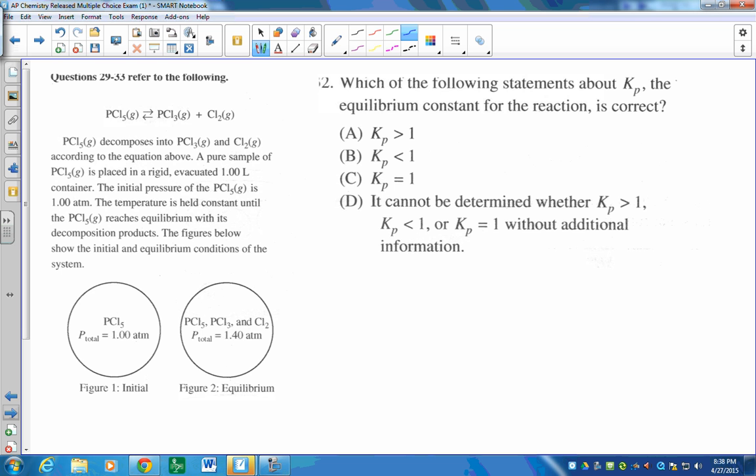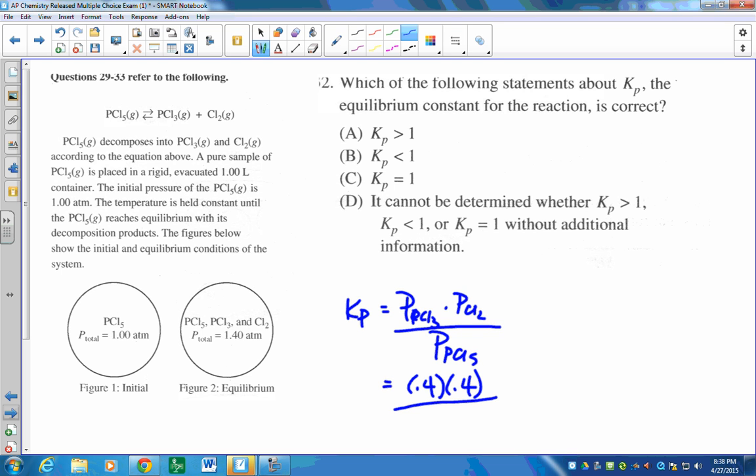Which of the following is true about Kp for the reaction? Well, I actually know these. Kp is the pressure of the PCl3 times the pressure of the Cl2 over the pressure of the PCl5. And we figured out that this was 0.4 and this was 0.4 and this was 0.8.